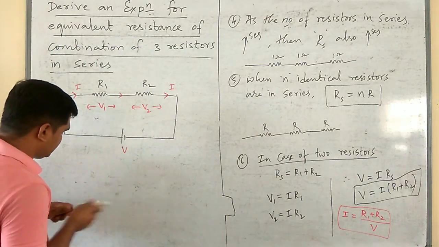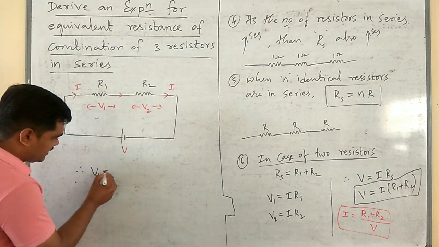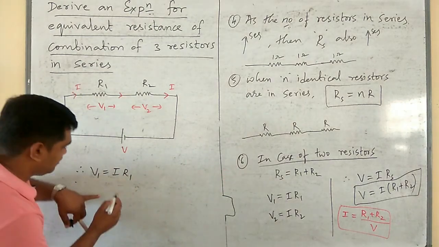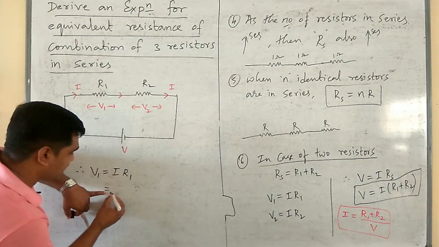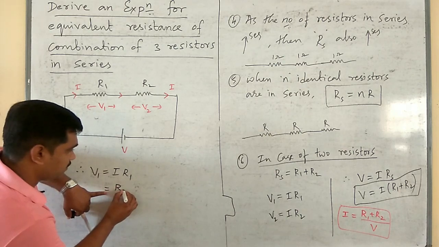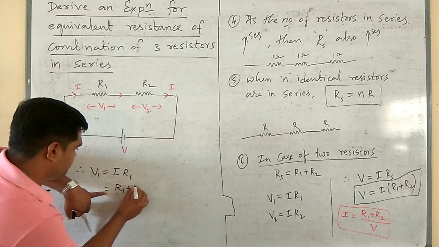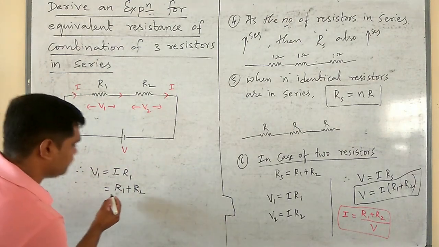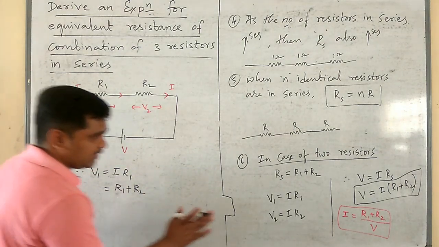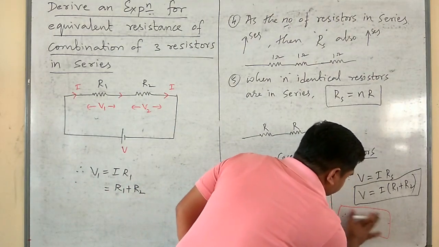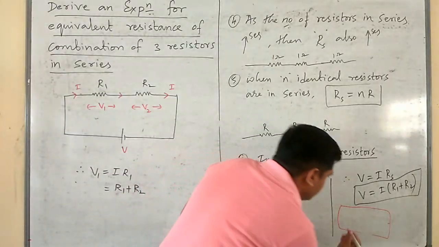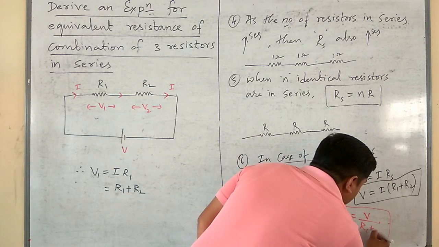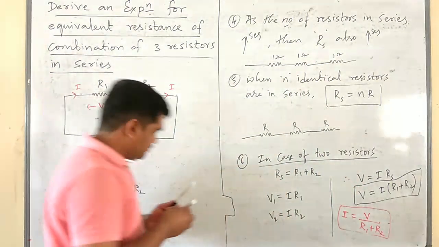One shortcut is there. Therefore, V1 is equal to IR1. You can substitute the value here. What is the value of I? Oh, sorry. Here, I is equal to V divided by R1 plus R2.